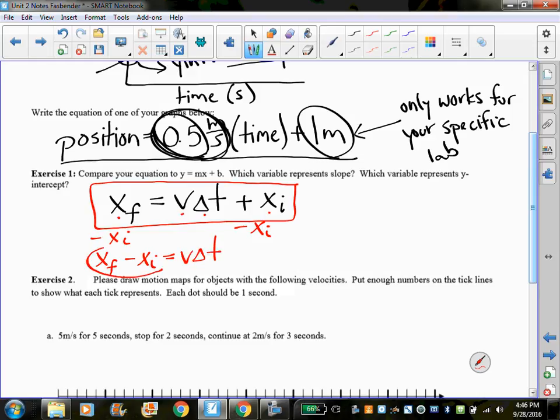And we just saw this on the previous page, right? xf minus xi is the same thing as delta x. So we could write that displacement is equal to velocity times the change in time. And this is often how you'll see me write the equation, just because it's a little bit more concise. But don't be thrown off. These two things are the same.